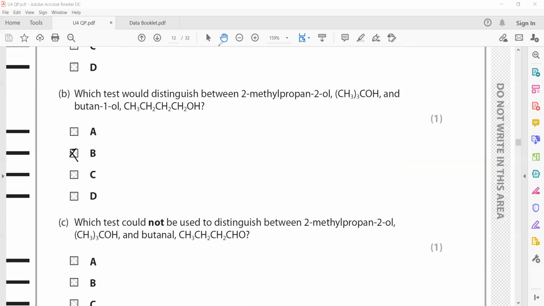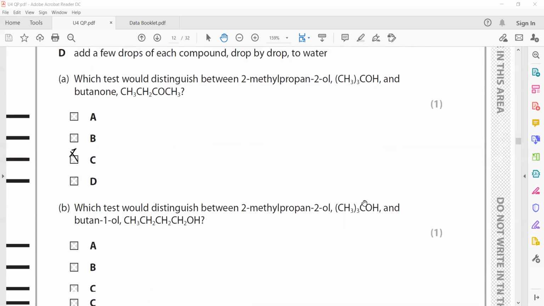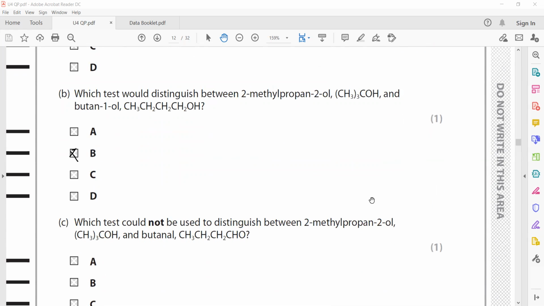A cannot be used here. Why can A not be used? Because A is Fehling or Benedict solution. Fehling and Benedict solution is used to distinguish between aldehyde and ketone. Here we don't have aldehyde or ketone. One is the tertiary alcohol, another one is primary alcohol.